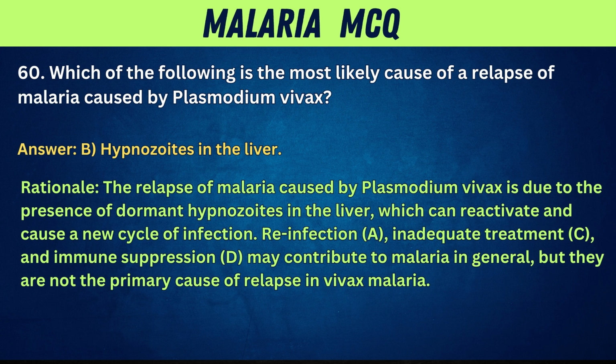Rationale: the relapse of malaria caused by Plasmodium vivax is due to the presence of dormant hypnozoites in the liver, which can reactivate and cause a new cycle of infection. Reinfection, A, inadequate treatment, C, and immune suppression, D, may contribute to malaria in general, but they are not the primary cause of relapse in vivax malaria.